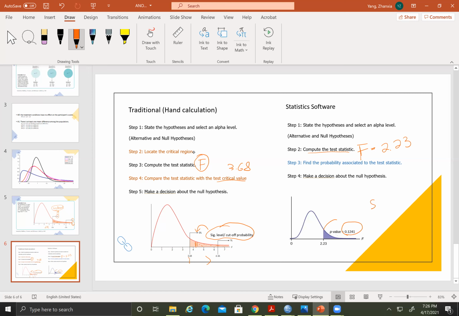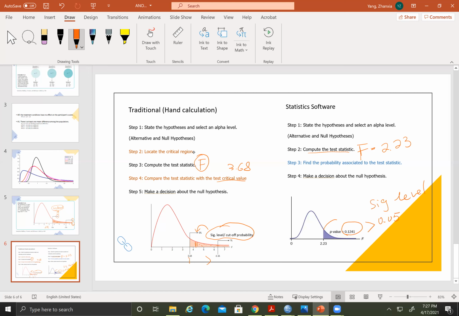Okay, significance level, if it's 0.05, this probability is greater than 0.05. That means it's not an extremely small probability, it's quite a large probability.